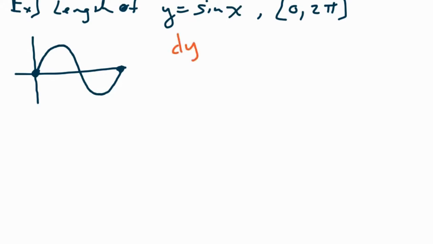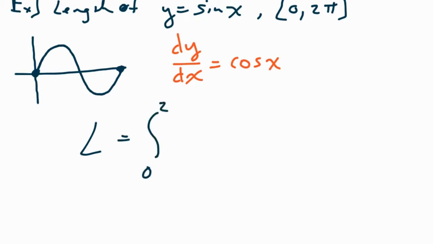You'll find that usually students will figure this out first. So the derivative of sine is cosine. And now you can plug this information into your length formula. It's actually kind of nice. It's just a formula, so you can trust it. It's the integral from 0 to 2 pi of the square root of 1 plus the derivative squared.